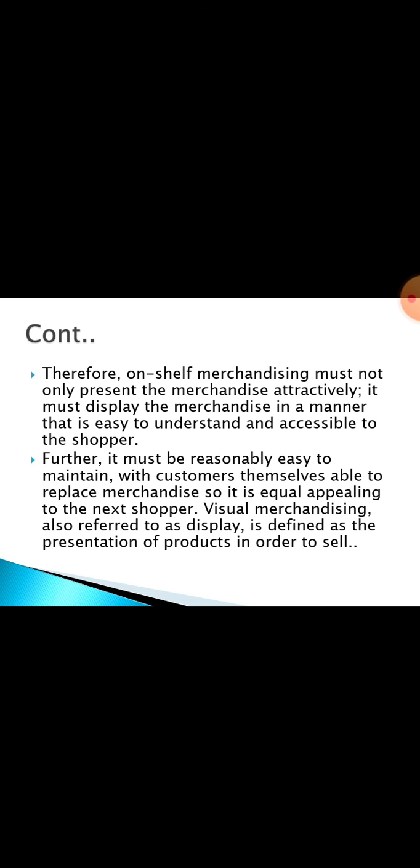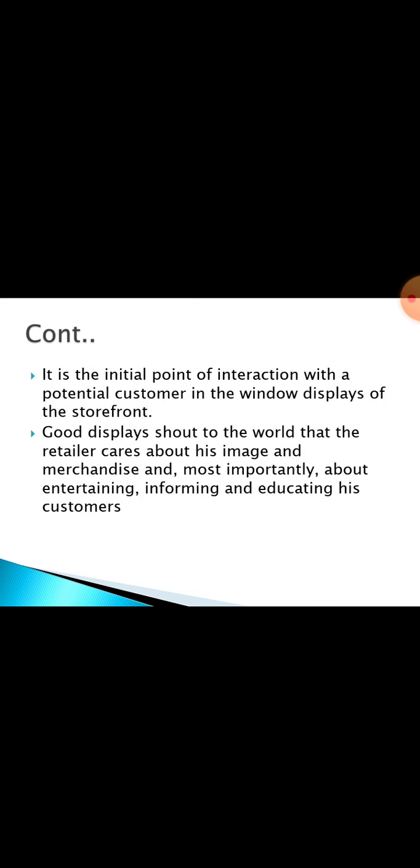It must be easily accessible by the customer. It is the initial point of interaction with a potential customer in a window display or a storefront. So what you are trying to do in this, you are trying to make your product accessible, attractive, easily understood by the customer.